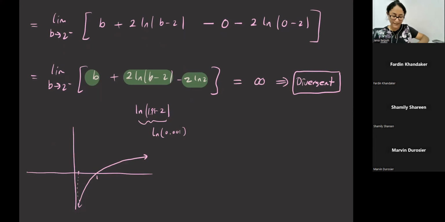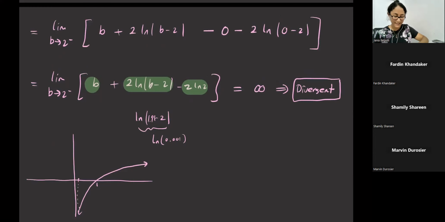Okay, Catherine says yes. Anyone else agrees or disagrees? It will converge if it goes to a number. If I got a number, then it'll be convergent. Because I got infinity, that means it's divergent.